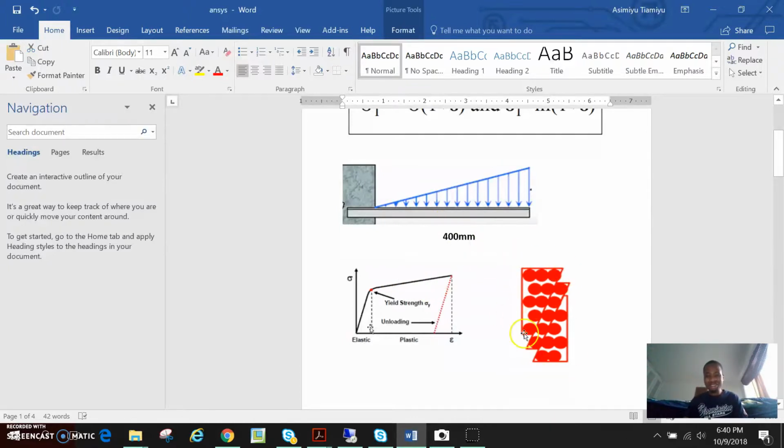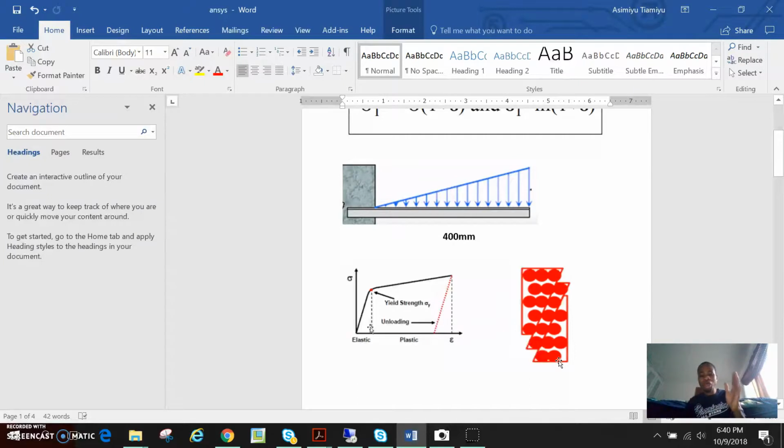When you apply force, this is the original plane of this lattice arrangement. When you apply more force than this plane can bear, the plane will shift to another area. If the force continues to increase, the plane will continue shifting from one place to another.